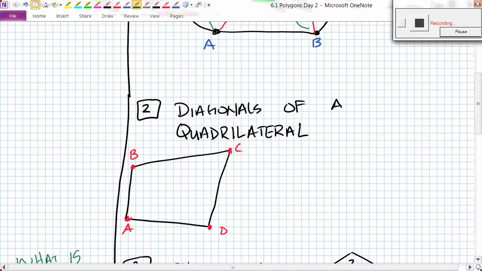Okay, let's ask Oscar. Oscar, can you give me the diagonal to vertex B, please? Yeah, I'm going to draw it in there, right? So just like this. You guys agree with that? Is that the only diagonal to vertex B? Yeah. It is, right? Because it's a quadrilateral.